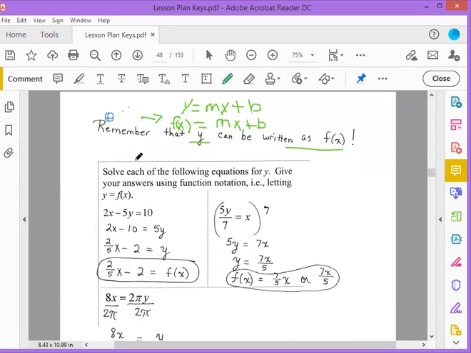So you're asked to solve each of these equations for y, get y by itself, and then you're asked to write the answers using function notation, which means substitute f of x for y. So first we'll solve for y. Given this equation 2x minus 5y equals 10, we're going to add the 5y to both sides of the equation.